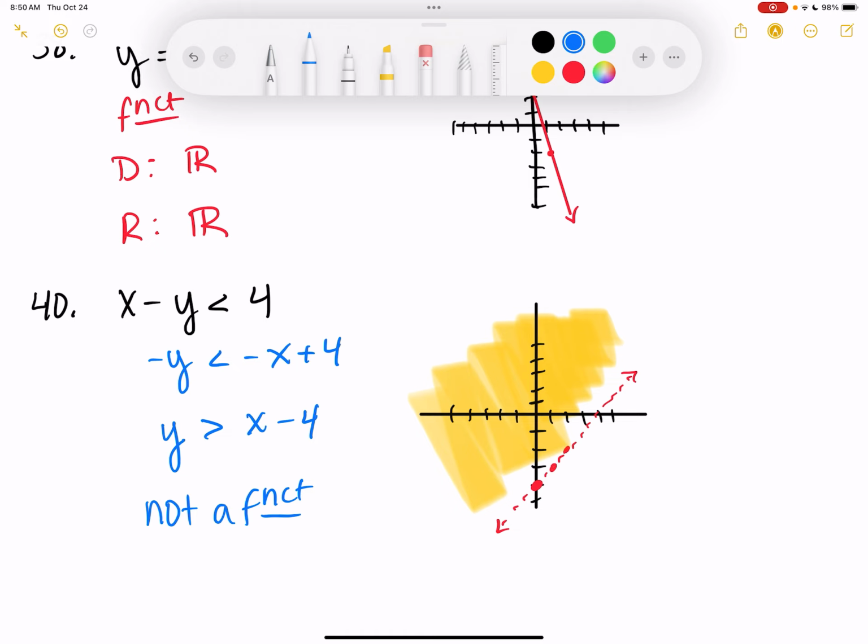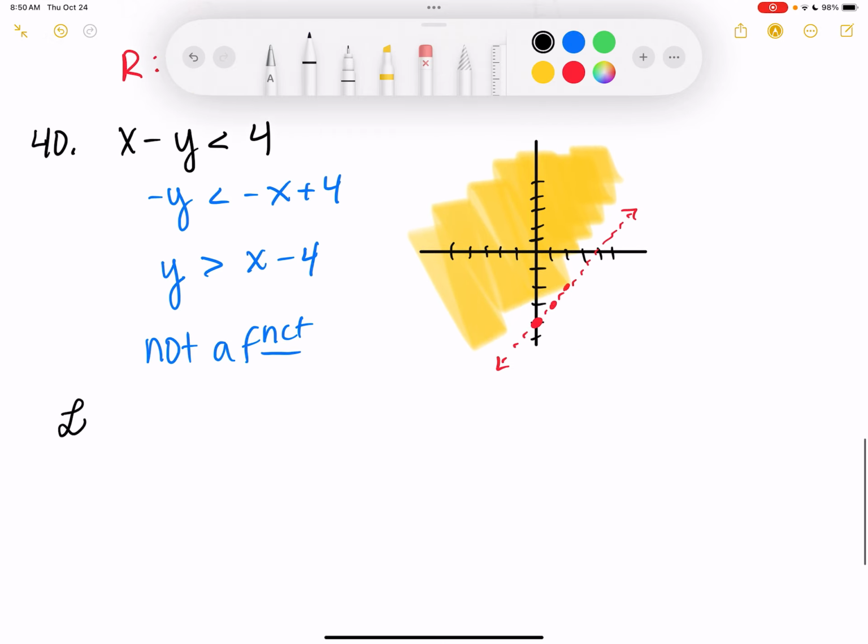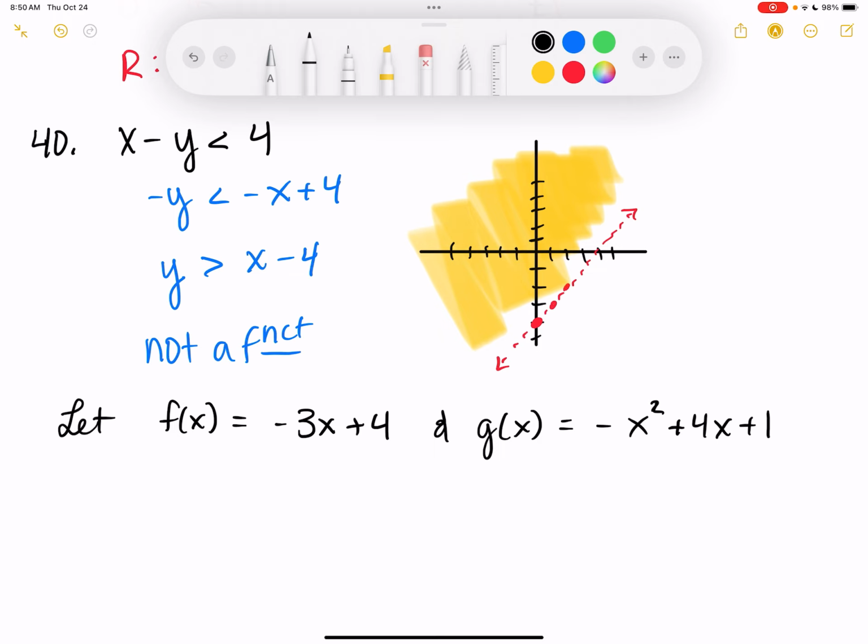Let's jump to the next stuff. It says to find the following, simplify if necessary. So they say let f of x be negative 3x plus 4 and g of x is negative x squared plus 4x plus 1.